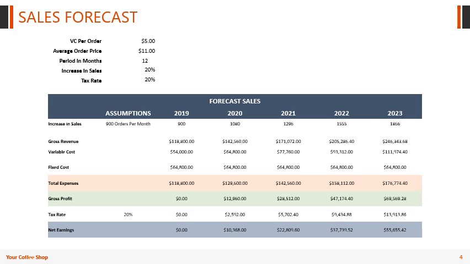The total variable cost for the year is $54,000, which is approximately 45% of sales. And the fixed cost is $64,800 for the year, which is roughly 55% of sales. Since 900 is our break-even point, this will give us a gross profit of 0 for the year.